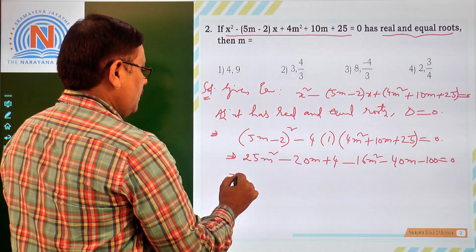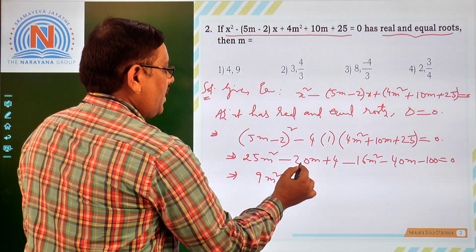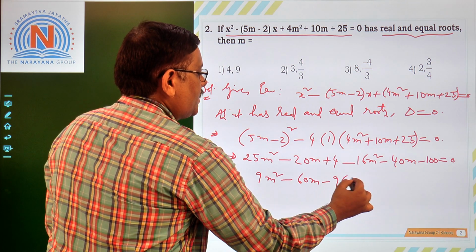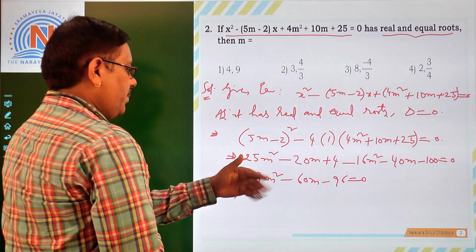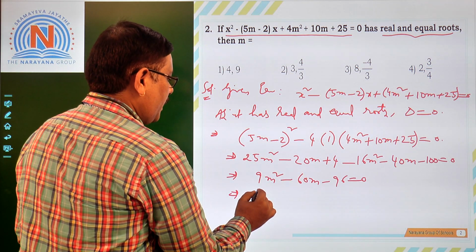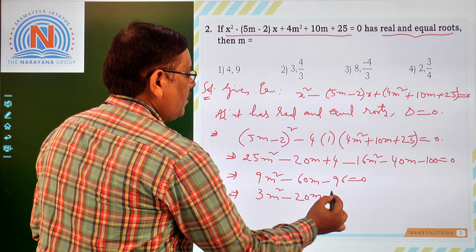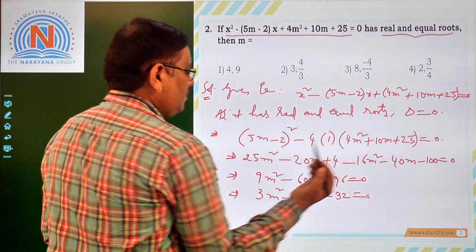That implies 25m square minus 16m square, that is 9m square, minus 20 minus 40, that is minus 60m, minus 96 is equal to 0. You can cancel throughout with 3 to make it a simple equation, that is 3m square minus 20m minus, if you divide with 3, it is 32, is 0.